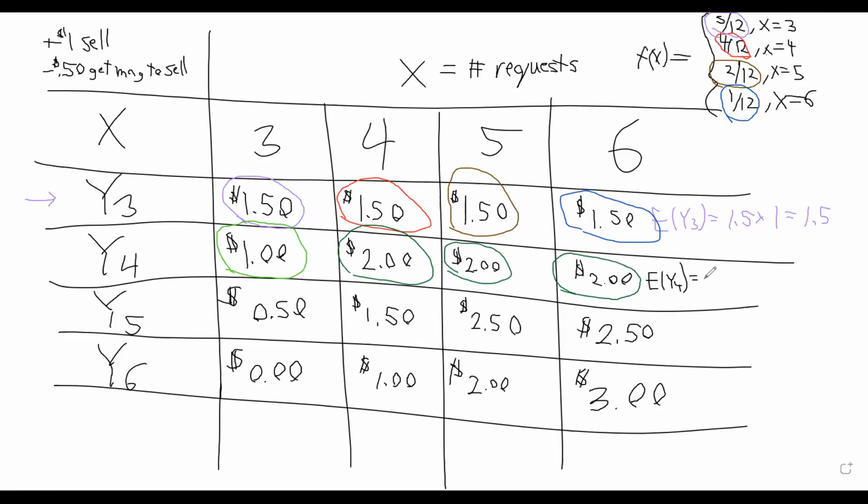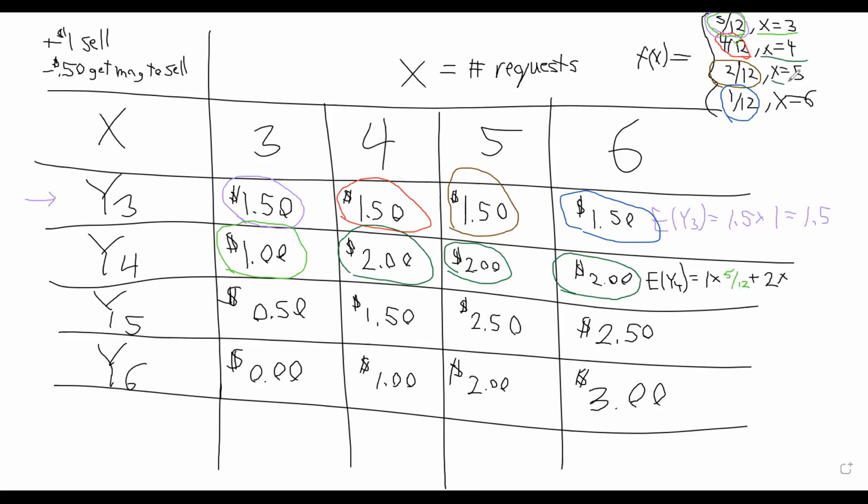So the expected value of y sub 4 is 1 times the probability of $1. Well, the probability of $1 is the probability that x is 3, right? So the probability x is 3 is 5 twelfths. So this is 1 times 5 twelfths. Plus, the other possible value of y sub 4 is 2, and it's plus 2 times, well, what is the probability of y sub 4 being 2?